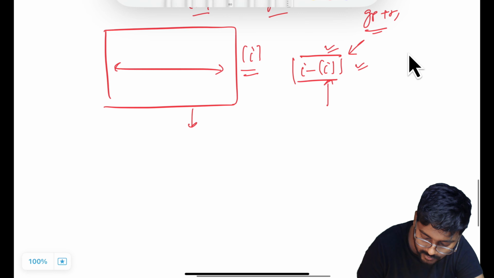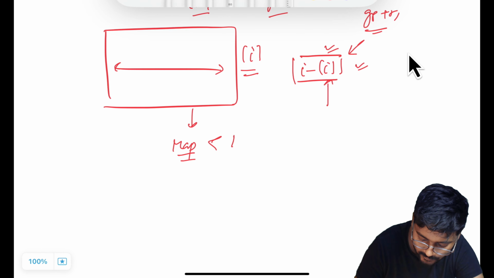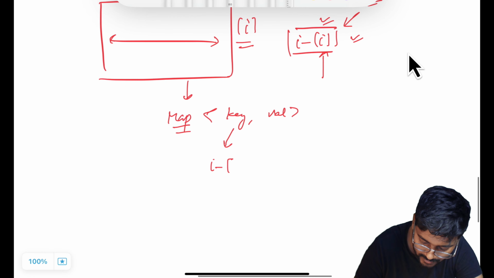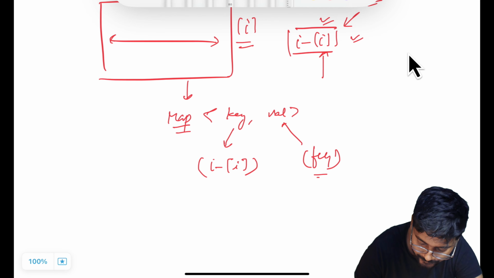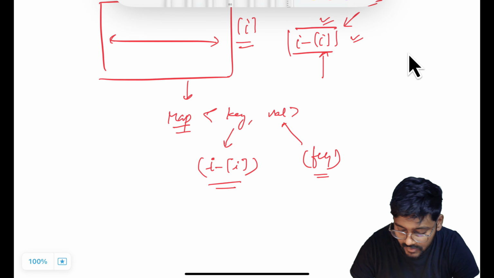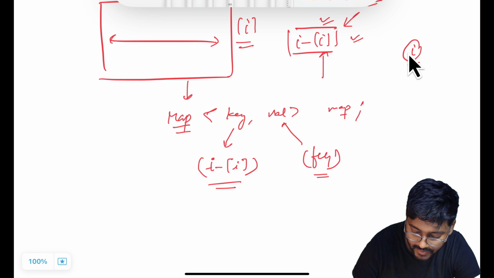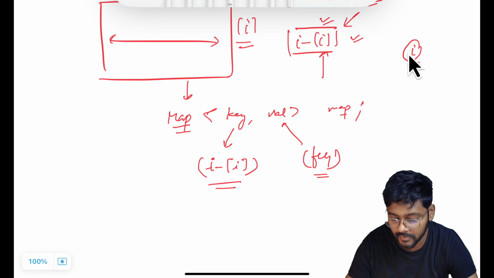For that, I need some kind of map with a key and a value. The key is the value, and the value is how many times it has been visited, which means the frequency. How many times this value is already seen, that I can store in a map. And when I'm at the ith index, I can directly fetch this value from the map.